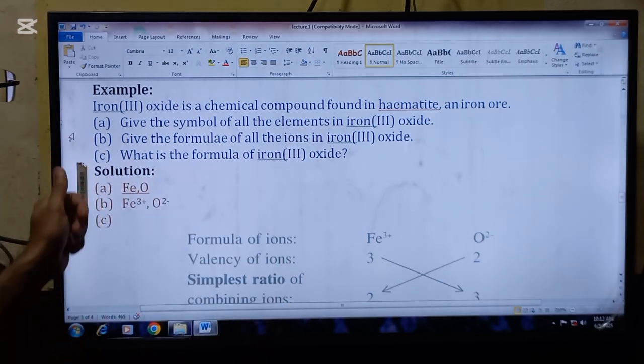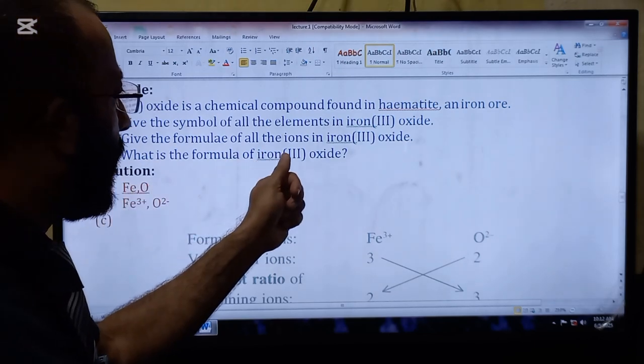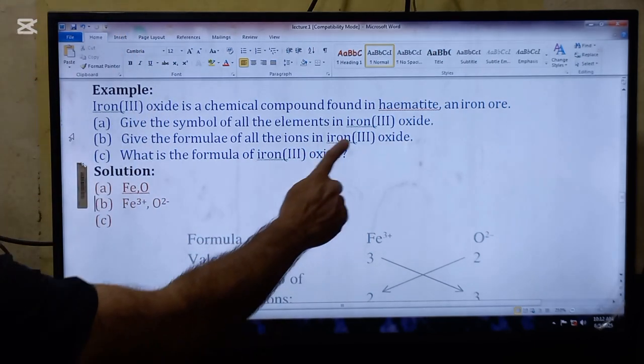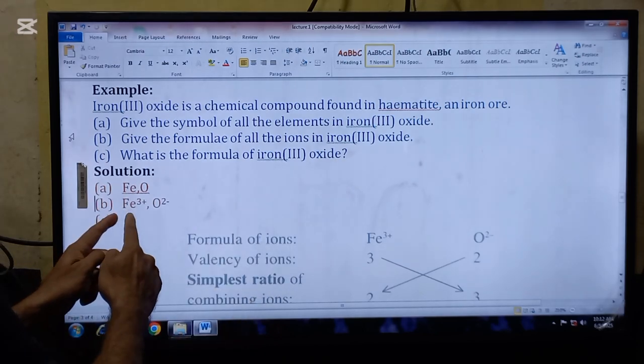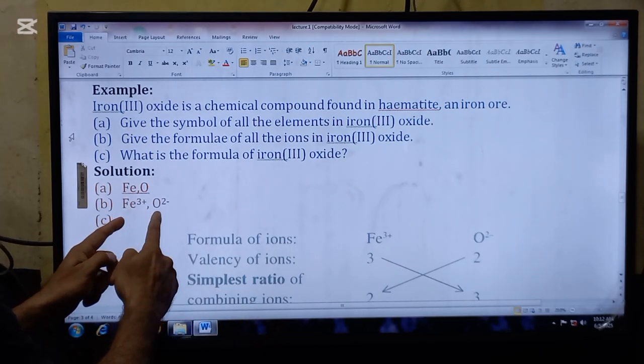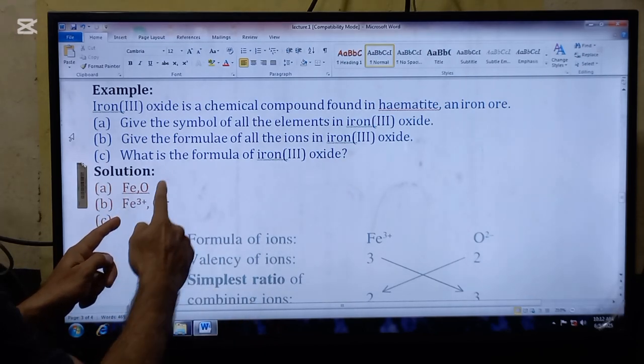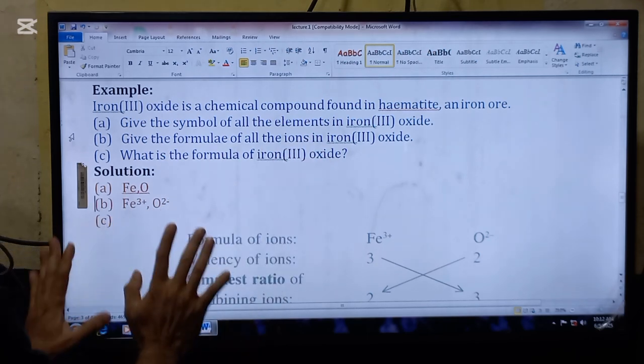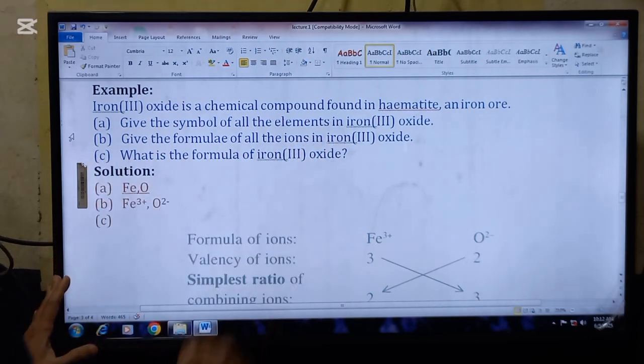B part is, give the formula of all the ions in iron oxide. Iron 3 oxide. So Fe3+ and O2- will be the formulas of the ions. So this is the second requirement done.